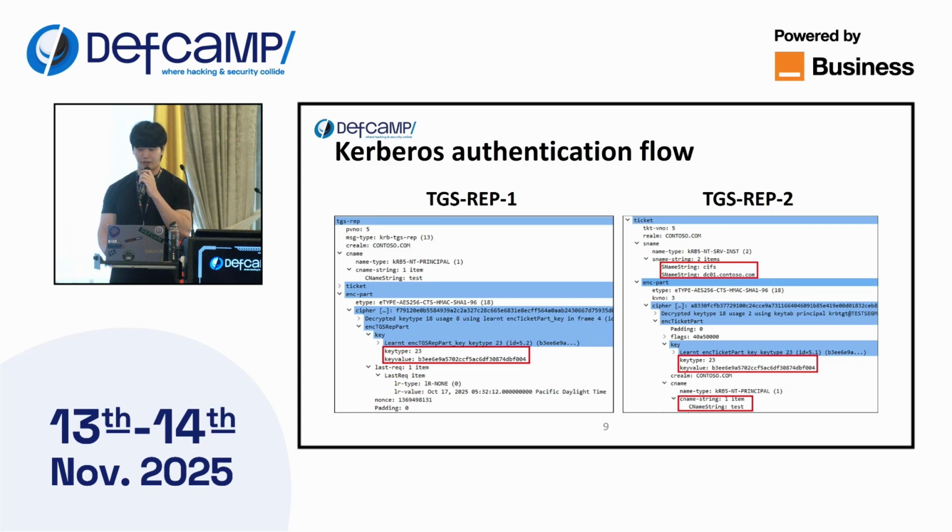The first packet in the TGS-REP contains the service ticket session key encrypted with the TGT session key. The second packet is a service ticket that is specified to be accessible to the client. This ticket includes the service ticket session key and specifies both the client and the service the client wishes to access.